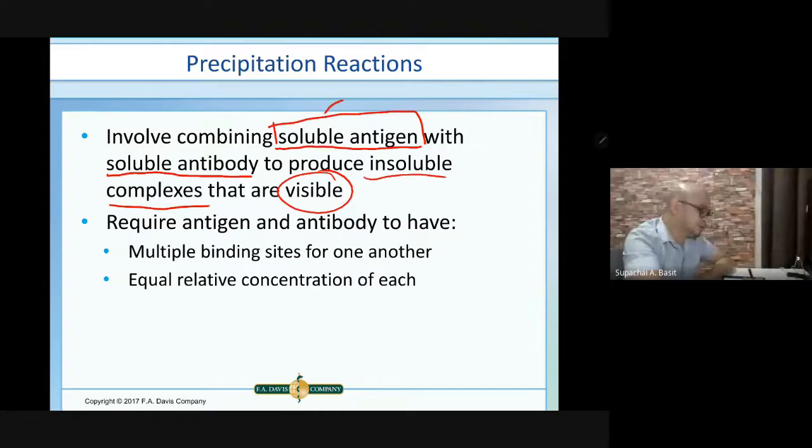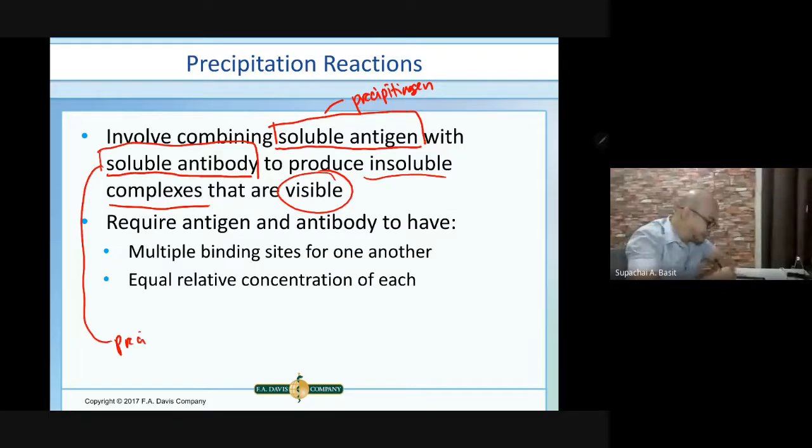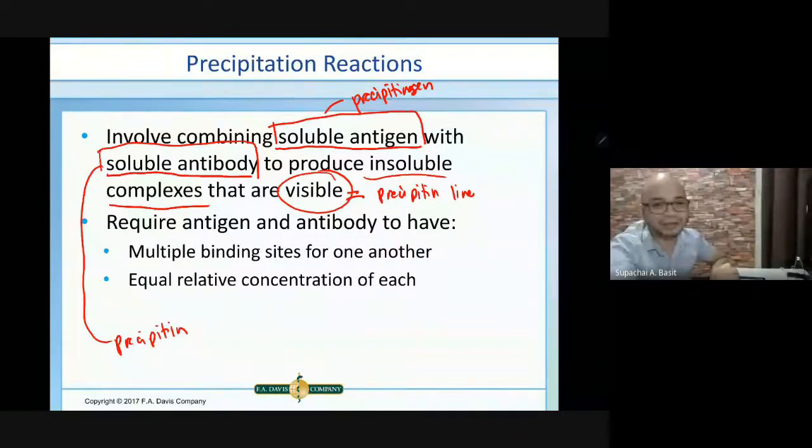The soluble antigen is defined as precipitinogen, while the soluble antibody is known as the precipitin, and the visible reaction is called the precipitin line. So in precipitation reaction, you'll be able to see a precipitin line.